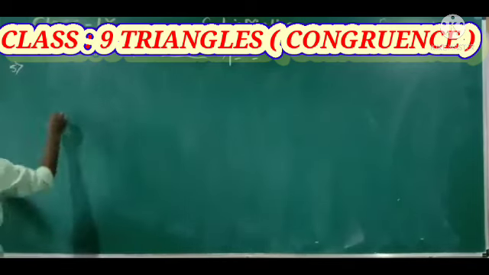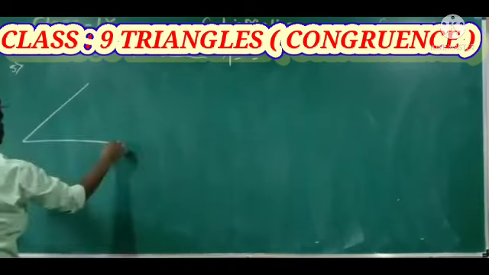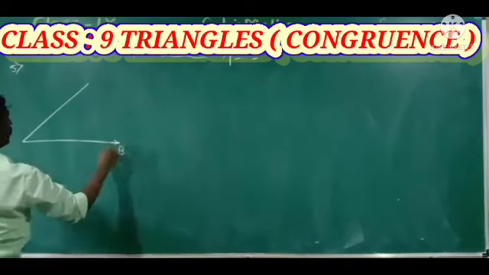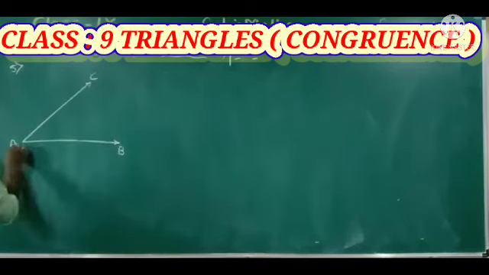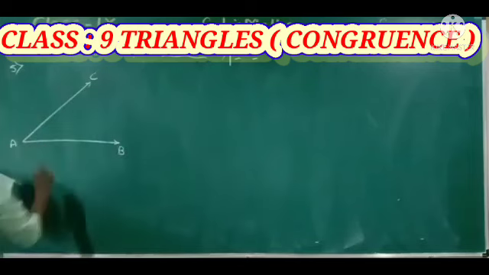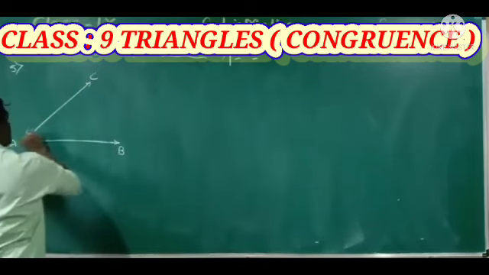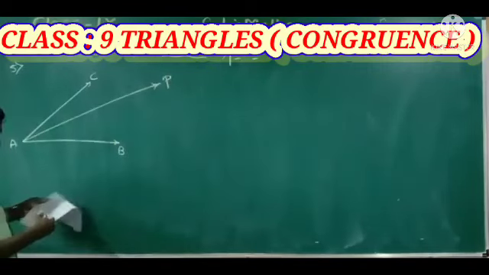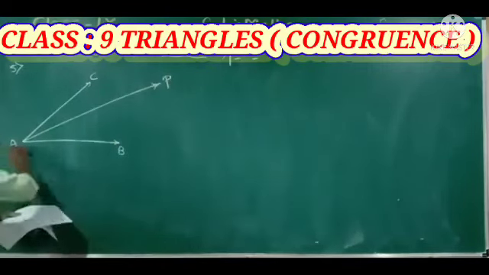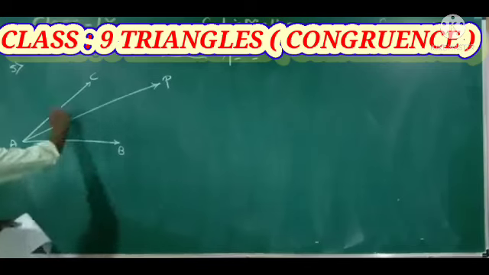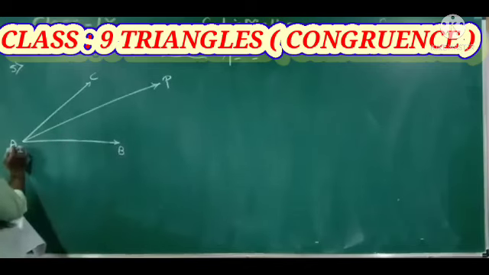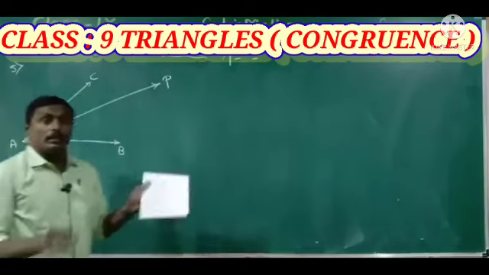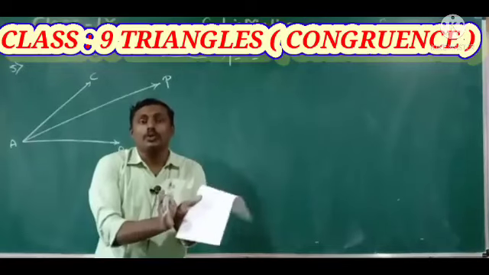Fifth question, here angle BAC is bisected by the ray AP. So AP is a line which bisects the angle BAC. Bisecting means what? The angle is divided into two equal parts.